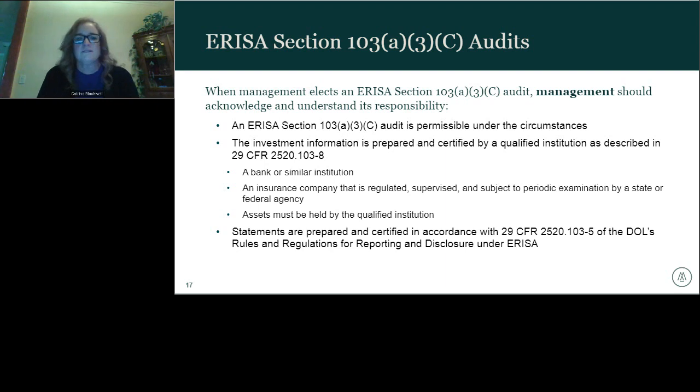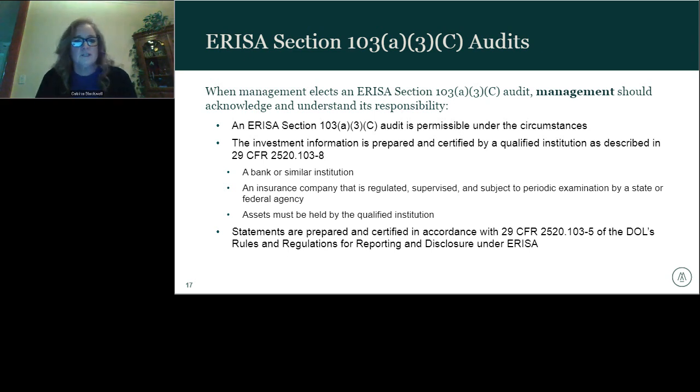Now, when management elects an ERISA Section 103 audit, we're going to call it that for short, then management should acknowledge and understand its responsibility for determining that such an audit is permissible under the circumstances. This is something that only the auditors did before, and now will be put on management to make sure that they understand and acknowledge that it is permissible that this plan can have this type of audit.